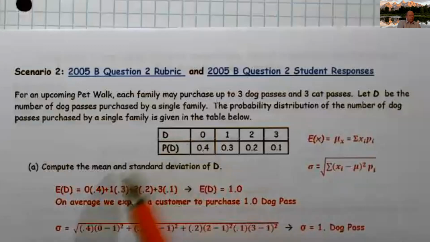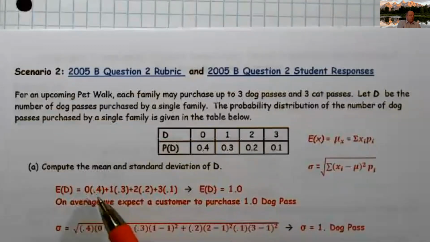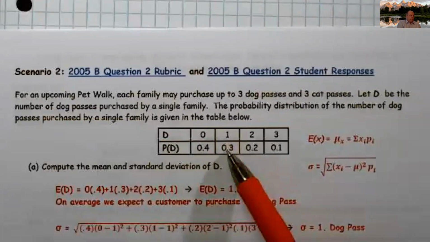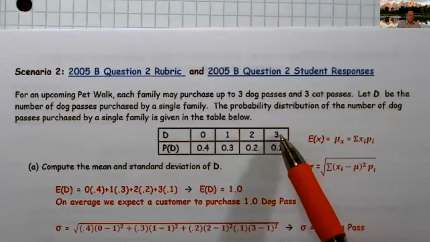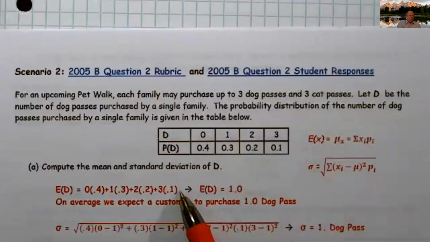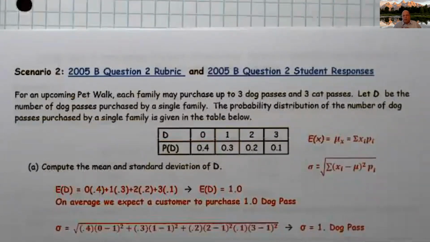My X's, which are D's in this case, 0 times the probability, plus 1 times its individual probability, plus 2 times its individual probability, plus 3 times its individual probability. That would be my work shown. And obviously I did the work on a calculator because I wanted to eliminate the errors, but I have to show the work. So on average, we expect a customer to purchase 1 dog pass.